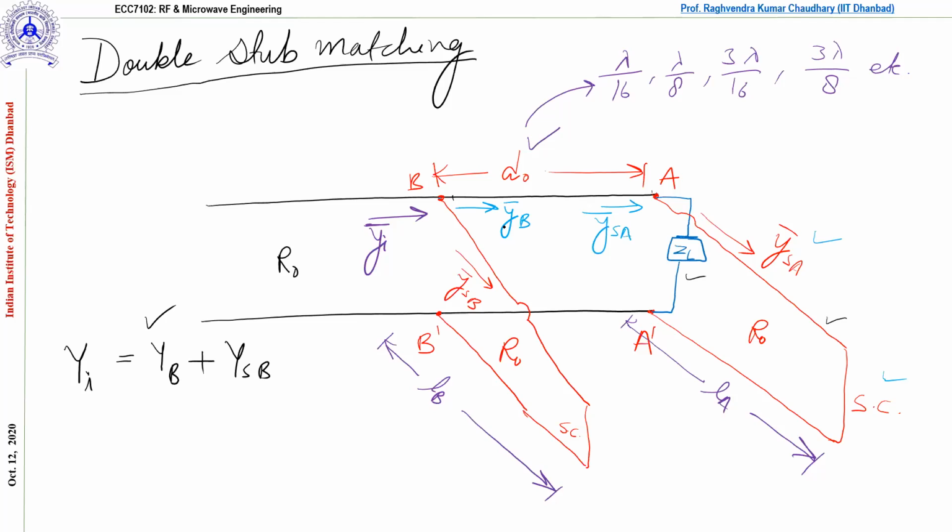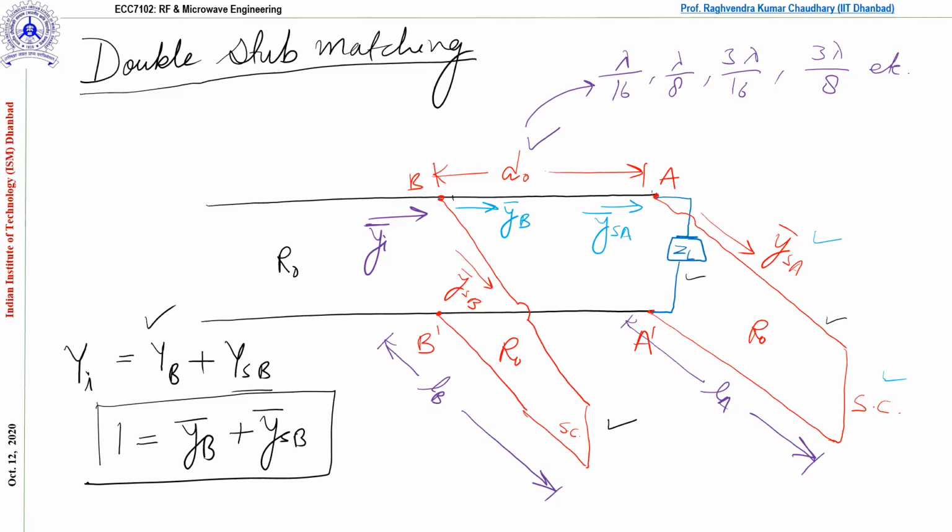And this is in parallel with this stub, YSB. Now if I say that YI, with Y naught equal to 1 upon R naught, is normalized, then 1 is equal to YB bar plus YSB bar. We have already seen this kind of thing earlier.